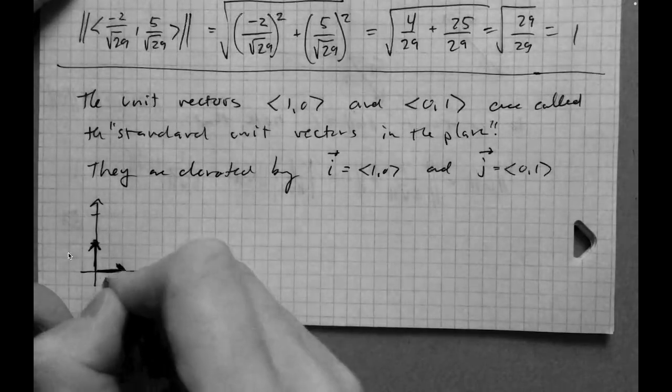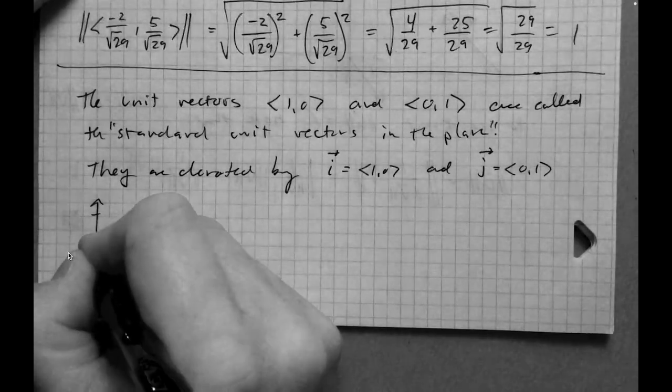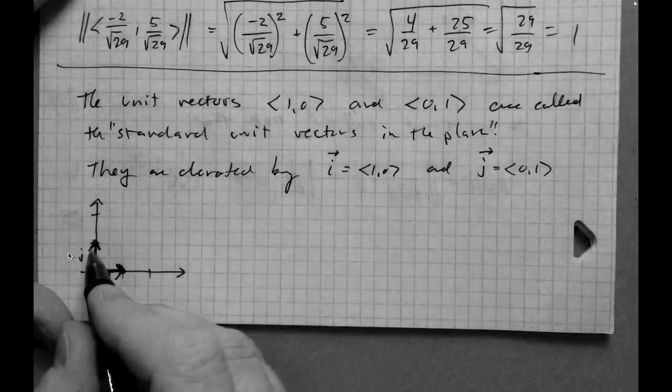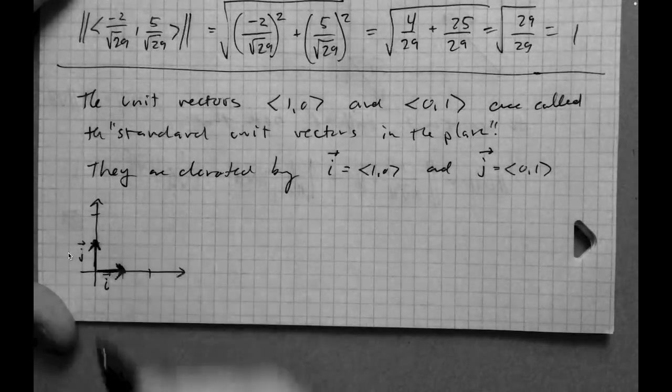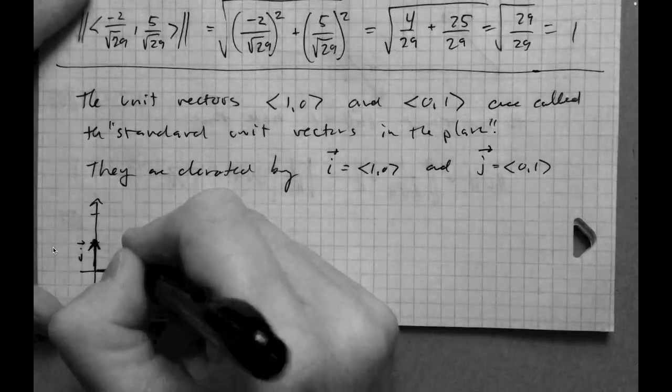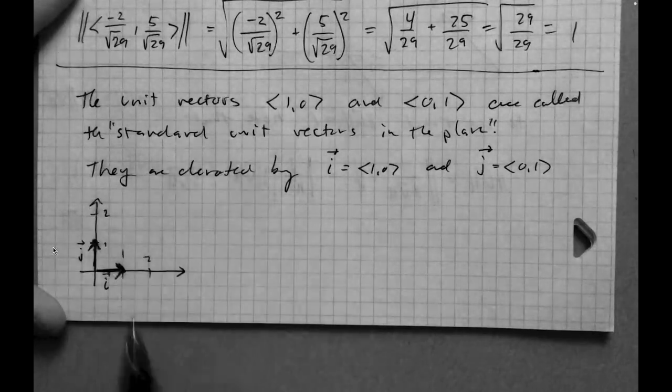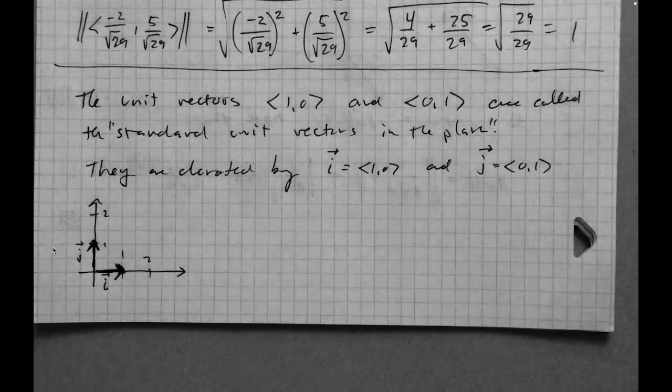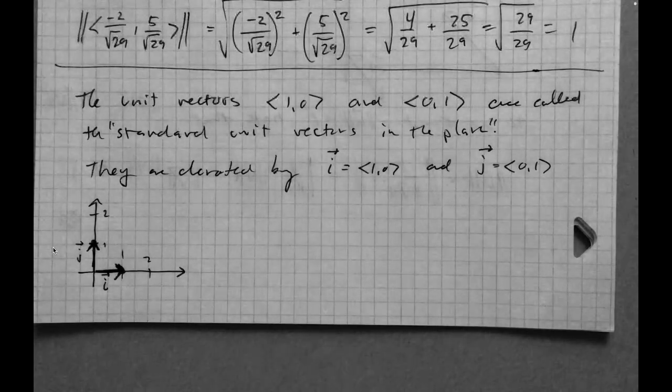So this is your i, and this is your j. So you've got your i and your j. They have unit length, and they lie on the axes. Now the nice thing about these is they can be used to represent any vector.